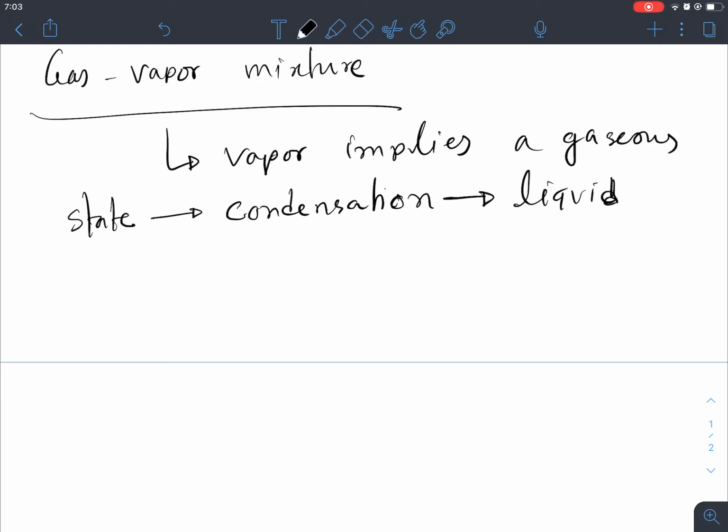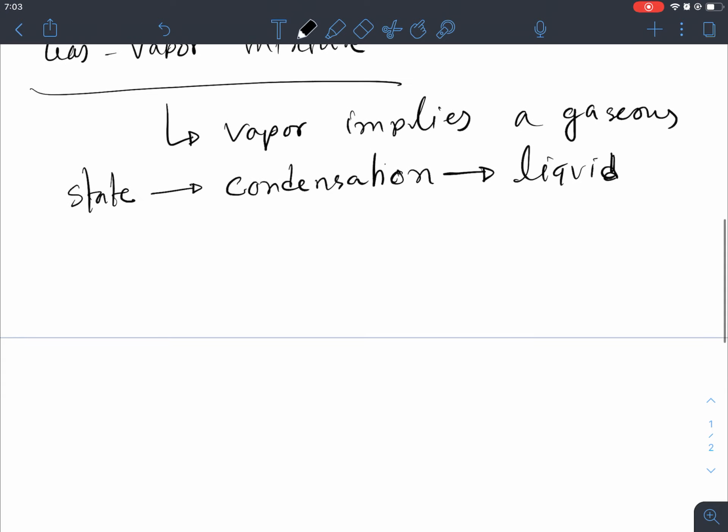It happens when we decrease the temperature below the critical temperature. So in this case the gas mixture is referred to as a two-phase mixture. If a vapor is decreasing due to the decreasing temperature, becoming condensate and converting to liquid, then we call it a two-phase mixture, which is the water vapor mixture.